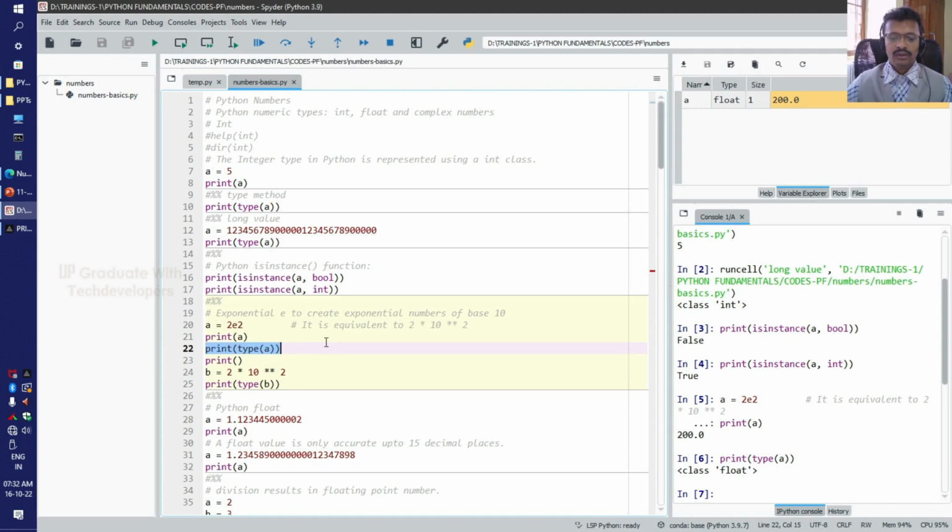So by default the exponential number will create a floating point number. So this 2 into exponential to the power of 2 is equivalent to 2 into 10 to the power of 2.